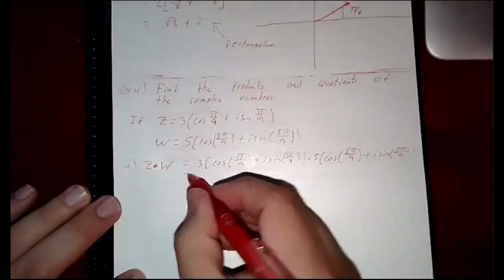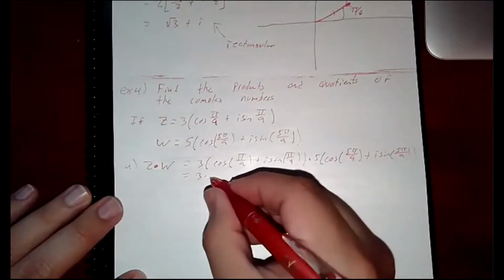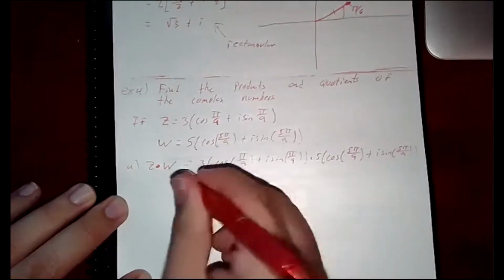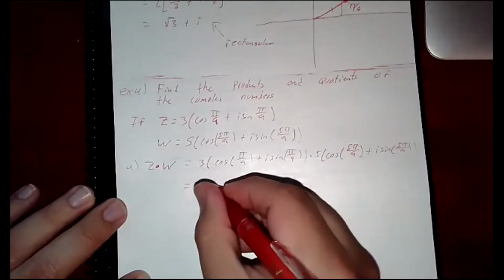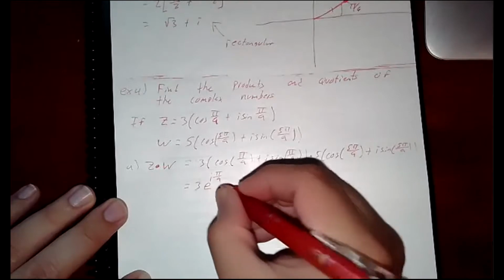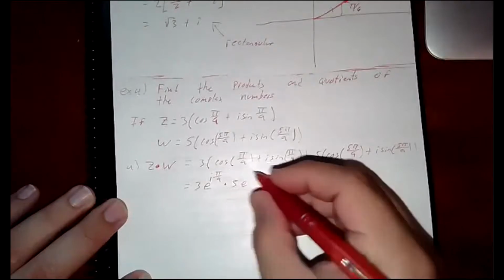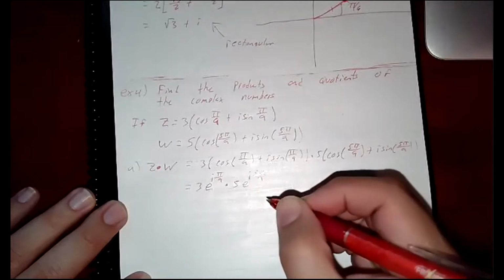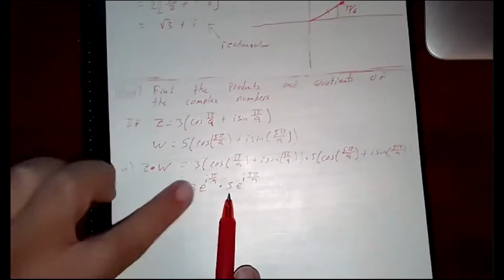This would become 3 times e to the i pi over 9, times 5 e to the i 5 pi over 9. So I'm converting this inside stuff and leaving 3 and 5.